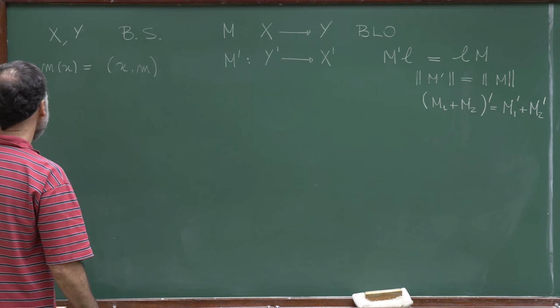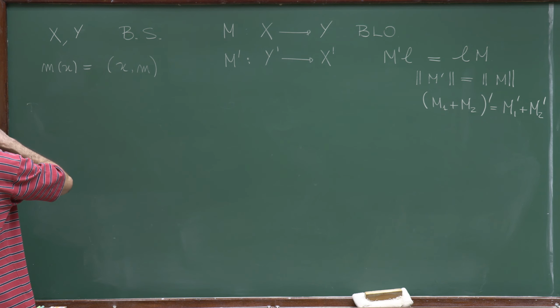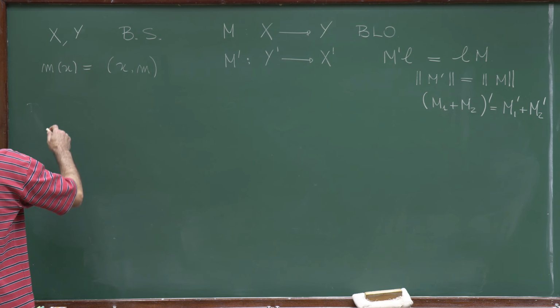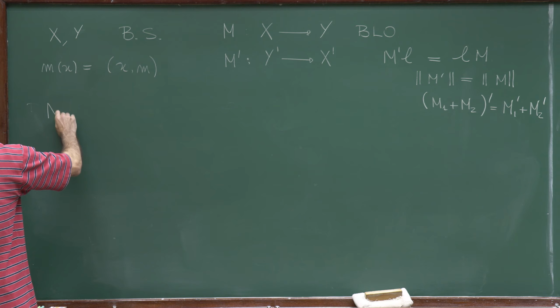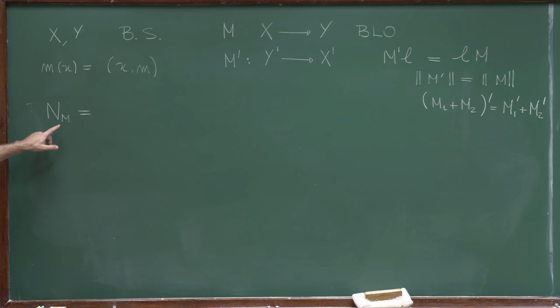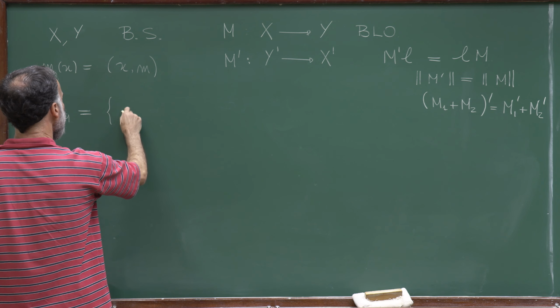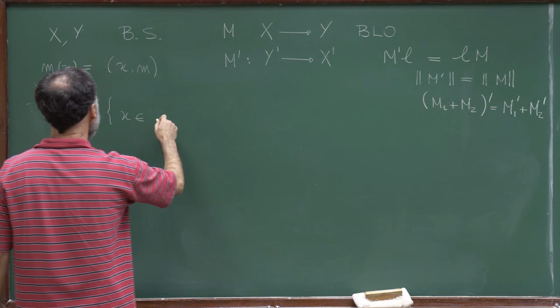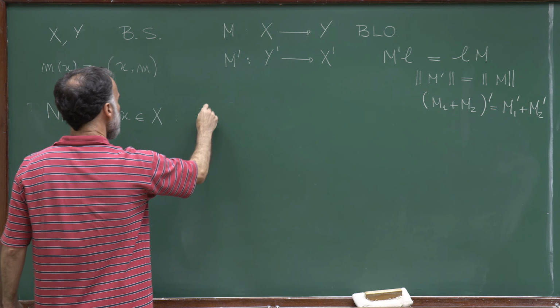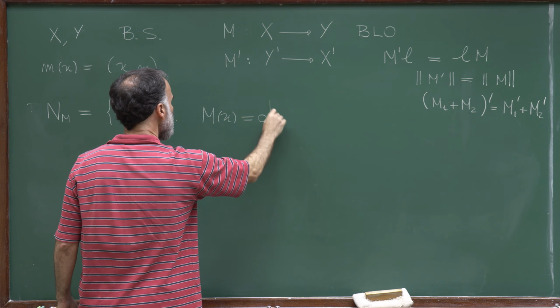Now I want to connect m to m prime, and for that, let me recall that we represent by N(m) the null space of the operator m. So this is all points x in X such that m of x is equal to 0.